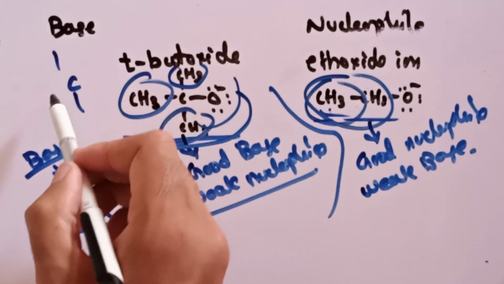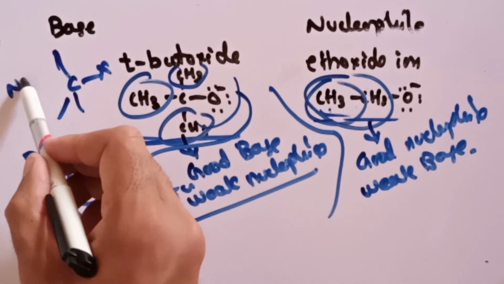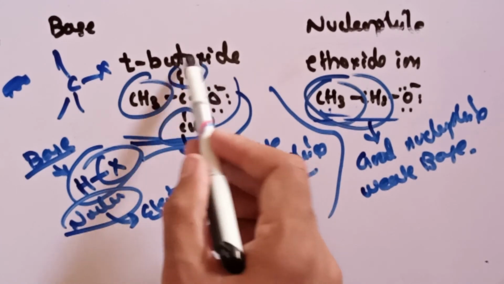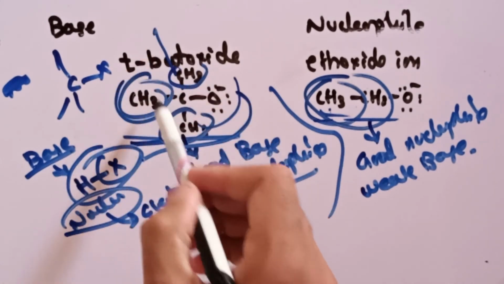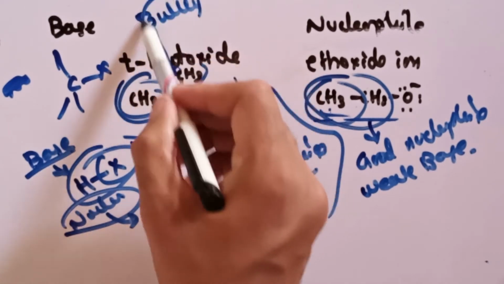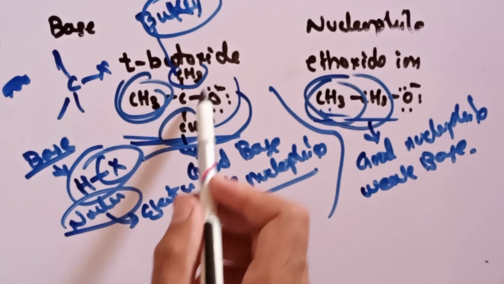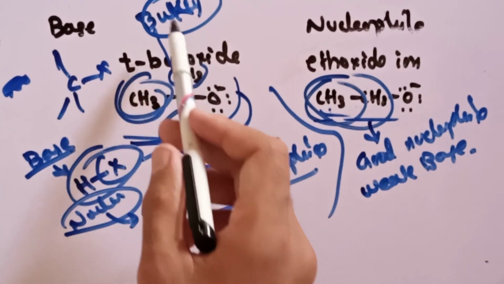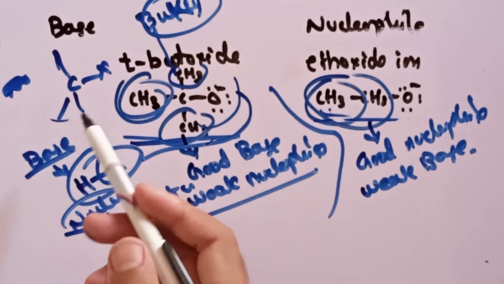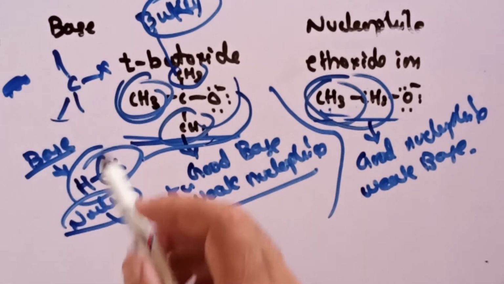Let's suppose the carbon is the electrophilic center. When tertiary butoxide attacks this carbon, 3 bulky groups are attached. These bulky groups show steric hindrance to the attacking nucleophile, so it cannot easily approach the center.